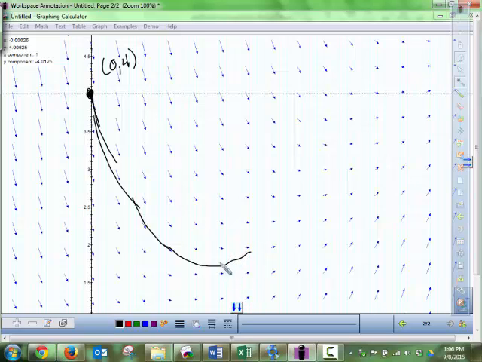Where are the arrows now? Uh-oh. Something like that? That's pretty horrible, huh?